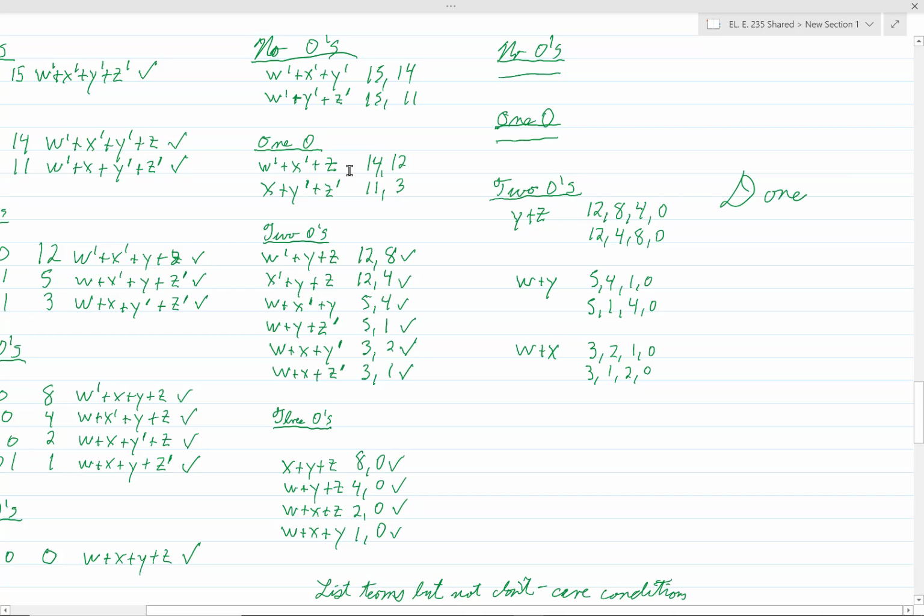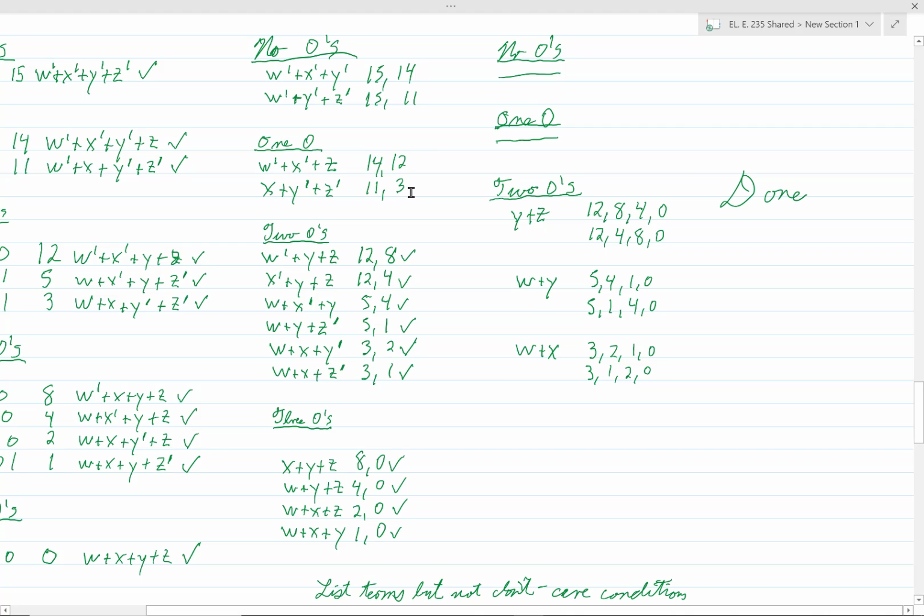And this next one, W or X or Z, let's see. There is something that has a W and X and Z in it down here, but you can see that it differs in the W variable. This is W prime and this is W. This is X prime and X. This is Z and Z prime. So it differs in all three variables, so those won't combine. So 14 and 12, that doesn't combine with anything, and so it doesn't get a check mark.